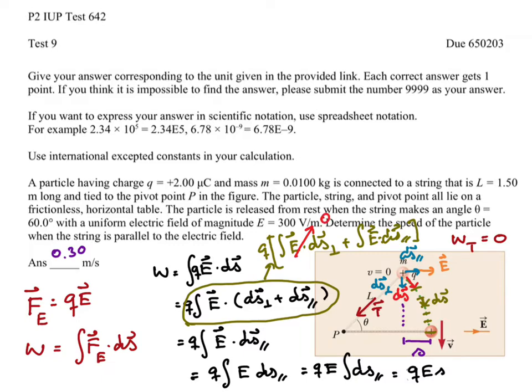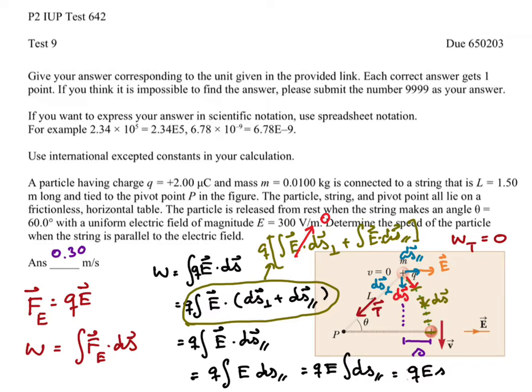So we have only the second term left, that is the integral of E dot ds parallel. Now, since this component is parallel to E, we have that E dot ds parallel is equal to the product of the magnitude of E and ds parallel, right?